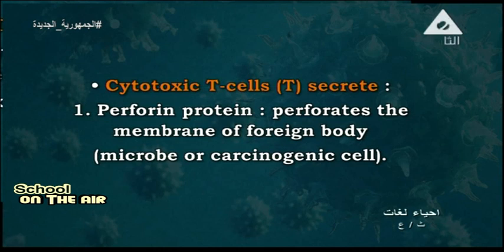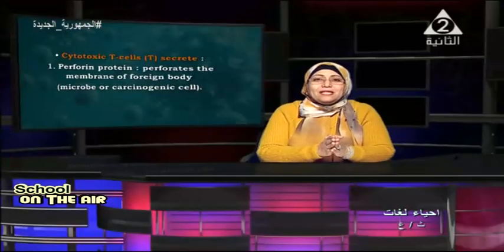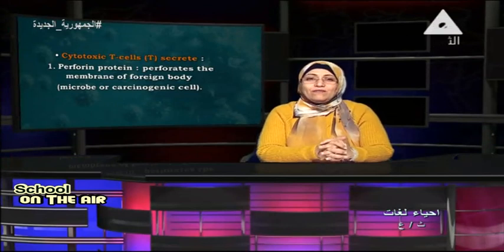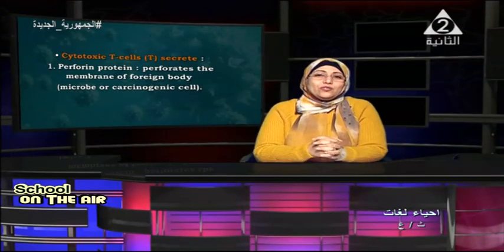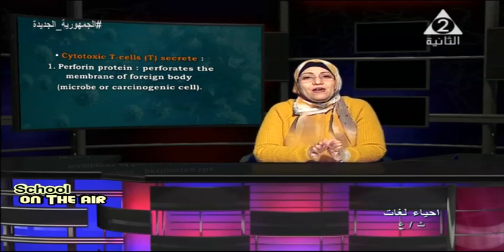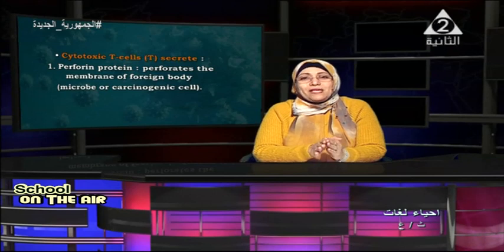Cytotoxic T cells secrete perforin protein which perforates the membrane of the foreign body, microbes or carcinogenic cells. This is the chemical substance that can be given to patients who suffer from cancer, where there is irregular multiplication of cells.